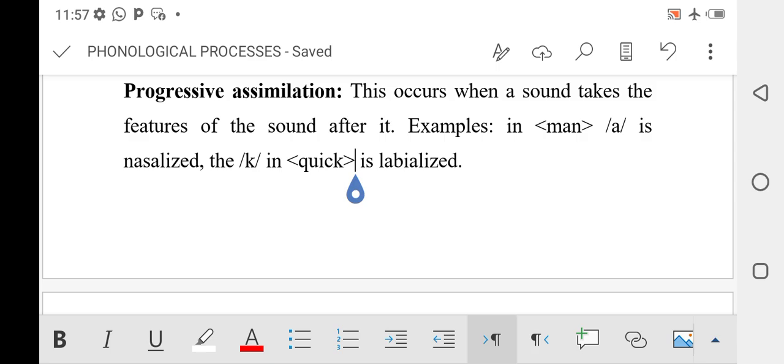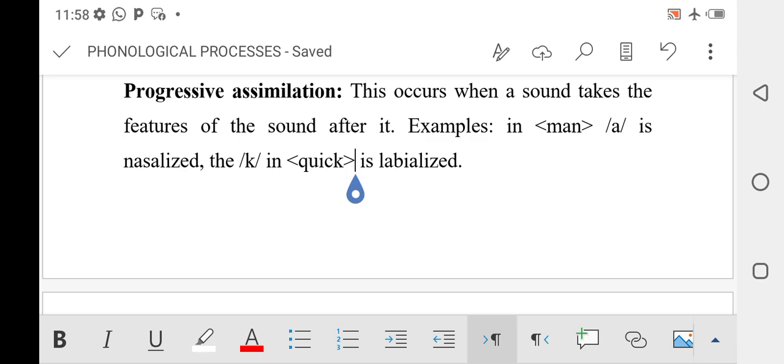For instance, when you want to say quick, if I wanted to say K, only K, look at the shape of your lips when you want to say only K. But when you want to say KW, as in quick, the shape of your mouth will no more be the same way it is when you are producing only K. It now becomes somehow rounded, taking the shape of a labial sound.